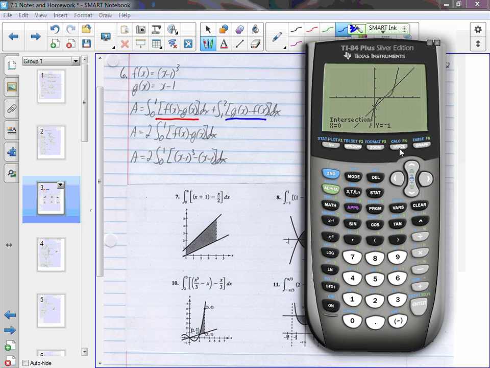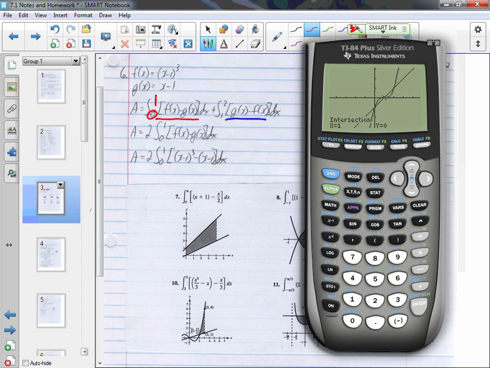Okay? Now it won't do that. So then let's find the next intersection. Okay, let's move that right there. So 1 is the x-coordinate of that second one. So the first region starts at 0, goes to 1.